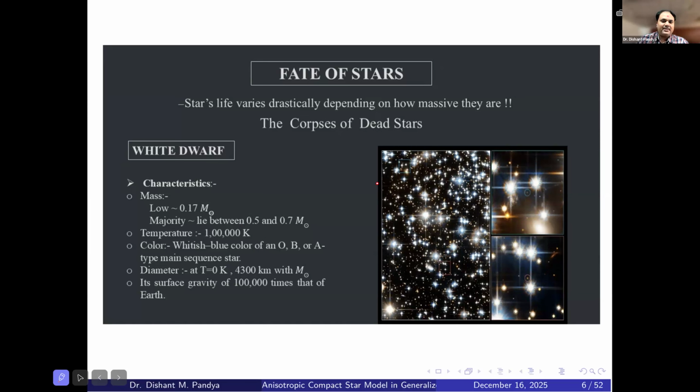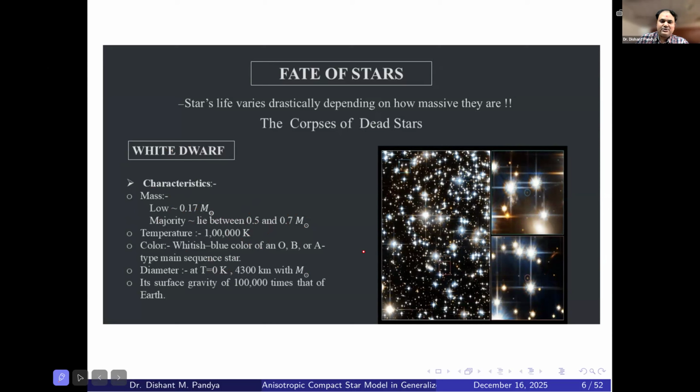Now, before we go into the depth of that theory, these are some statistical values of different states of the stars. For example, if we are dealing with a white dwarf star, then it has a very low solar mass, 0.17 solar mass. Majorly, if you observe any white dwarf, it lies in the range 0.5 to 0.7.